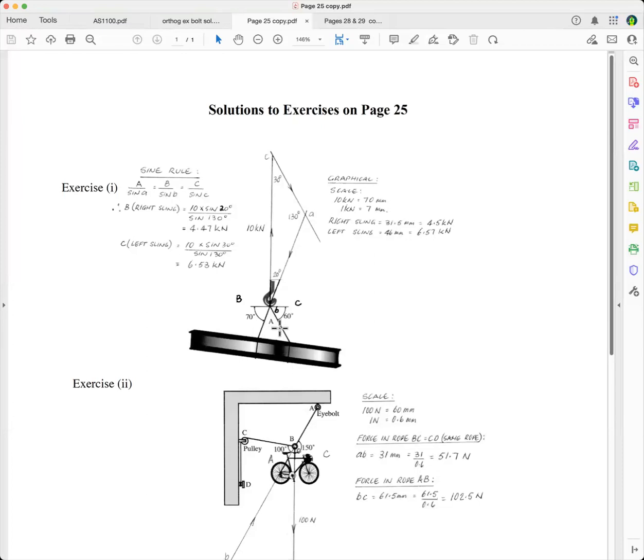No one's allowed to touch it, slinging weights, because you've got to have certification to do that. Because if you have this angle here greater than 60 degrees, you're going to put extra force in these sling arms, and I'll show you that in a moment. So this is how you do this question.